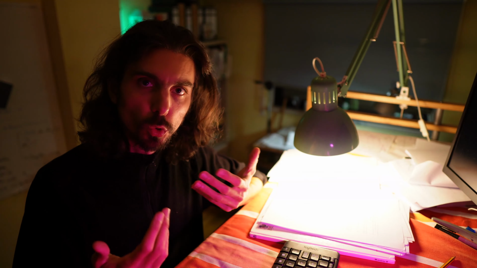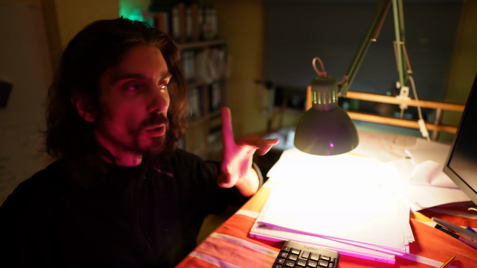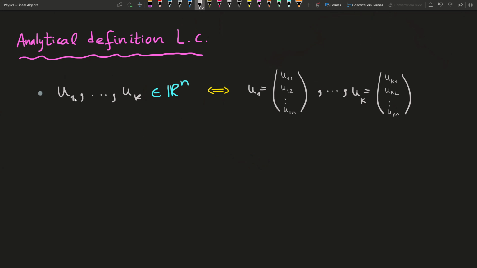Now, this basic example of linear combinations motivates us to make a general, analytical definition of linear combinations. So instead of just summing 2, let's assume that we have k vectors, u1 through uk, all of them living in Rn, which means that u1, for example, has n entries, and uk has, again, n entries.